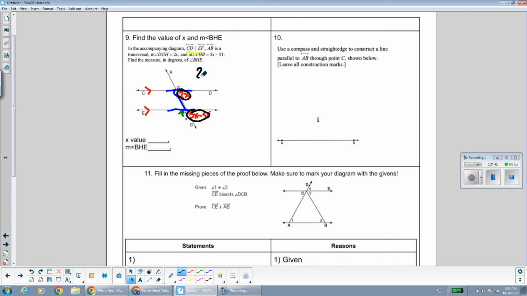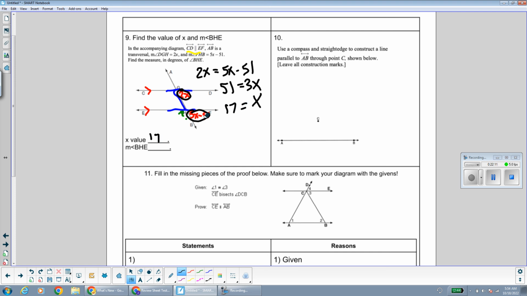So we have 2x is equal to 5x minus 51. Actually, I'll add 51 and subtract 2x. So 51 is equal to 3x. Let me take a second and divide both sides by 3. And I have x is equal to 17.